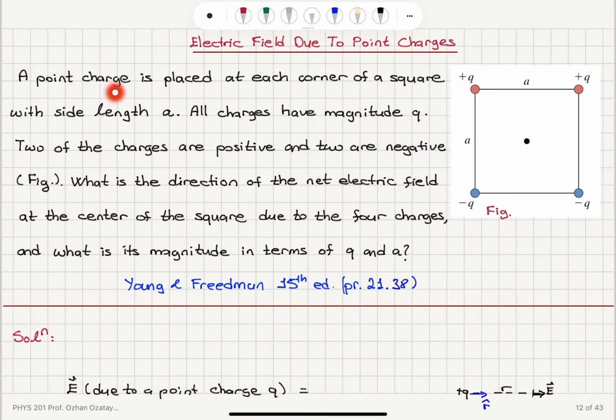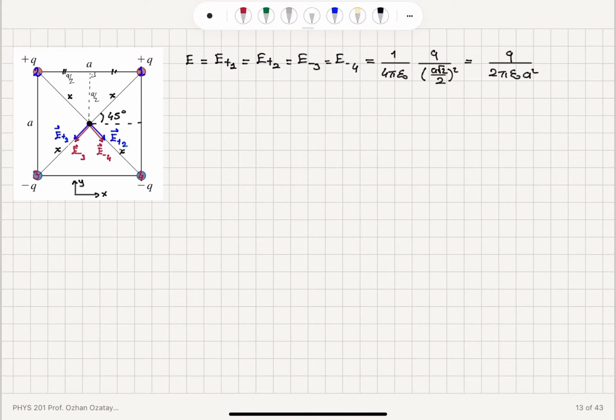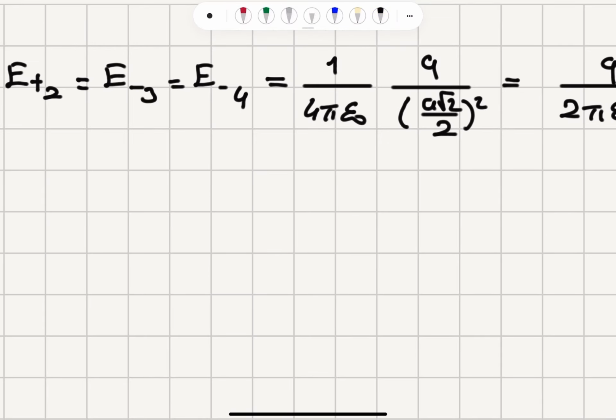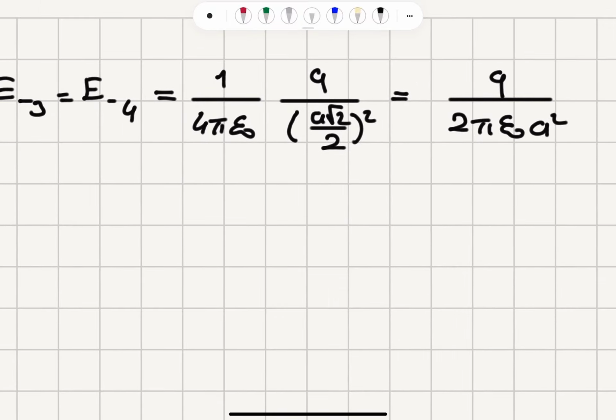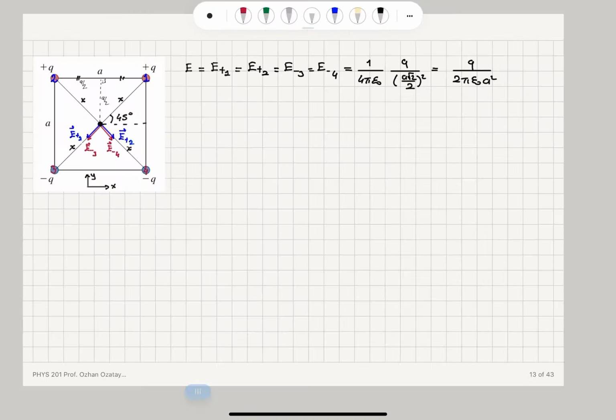So this is going to give us Q divided by 2 pi epsilon 0 a squared. Now you can see that we have 2a squared over 4, so the 4's will cancel. We'll get 2 pi epsilon 0 a squared.